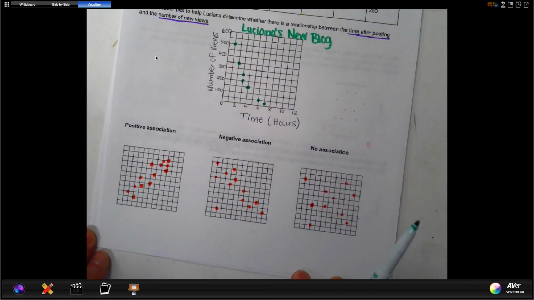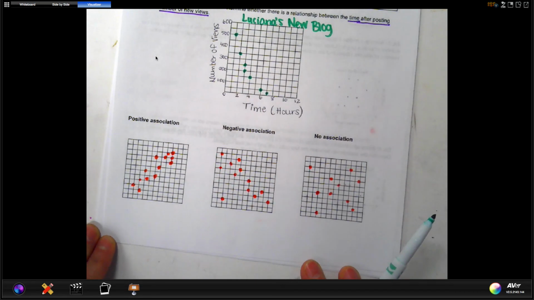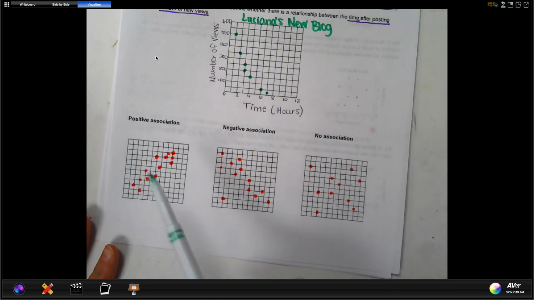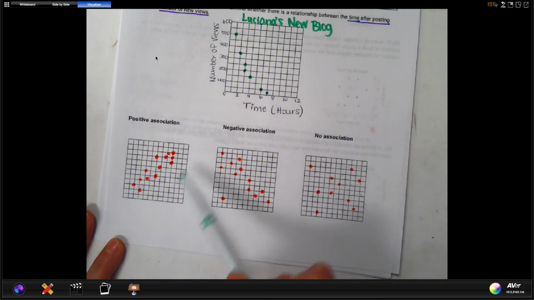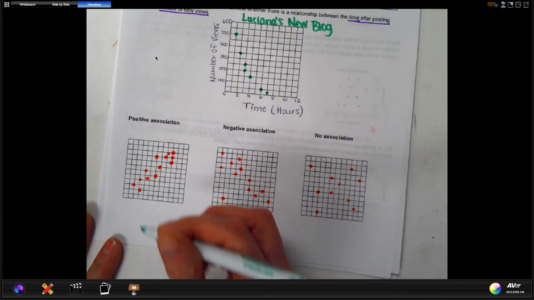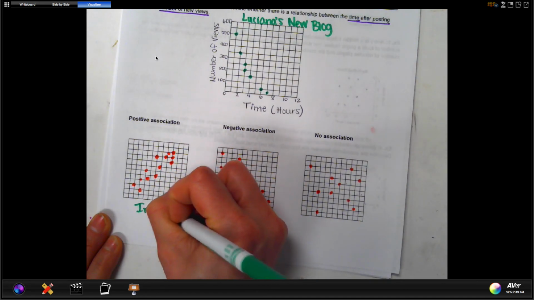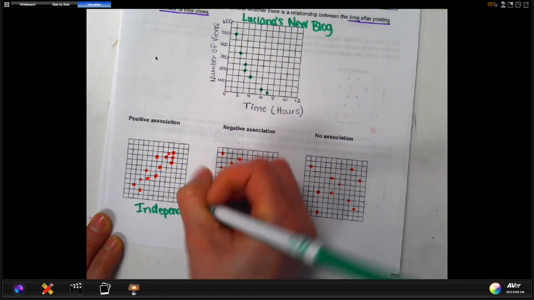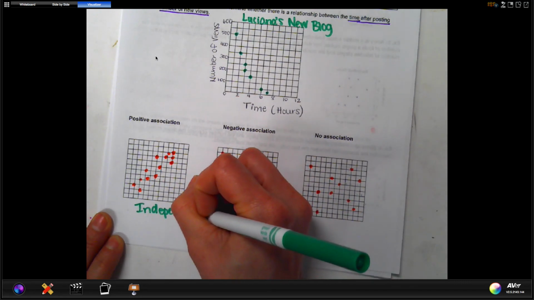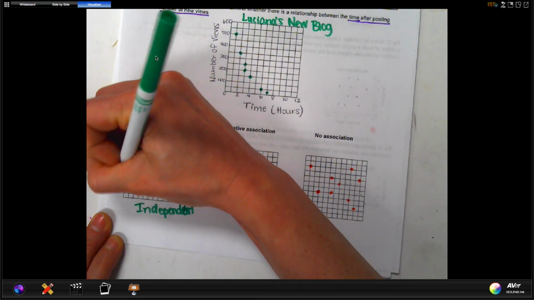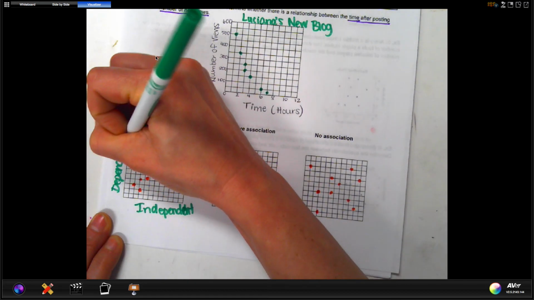So underneath, I've listed the associations. For a positive association, you'll have to pause the video and put in some dots. They don't have to be exactly like mine, but a positive association means that as your independent variable, that would be this one, is going up, your dependent variable is also going up.